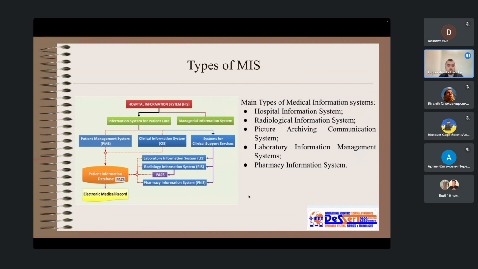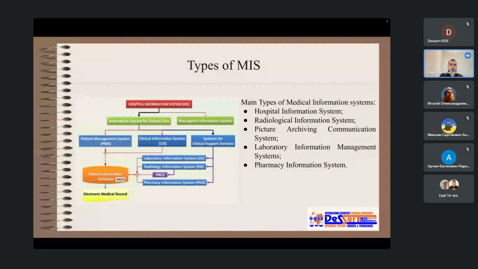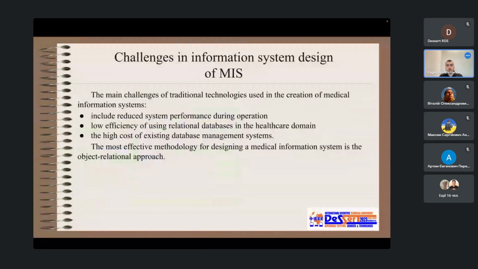On this picture, you can see that we have all the different types, and every type is connected to the patient information database. We'll focus on this a bit later. We have a database and all information systems are based on some patient information.